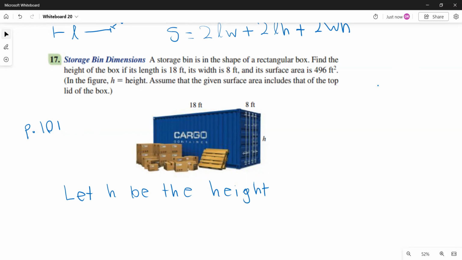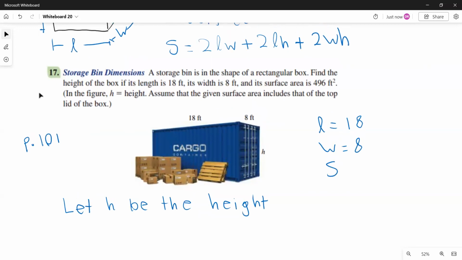We also know that the length is 18 feet. The width is 8 feet. And the surface area, we have the formula above. The surface area is 496 square feet. Okay, so let's put everything together. We know that the surface area is 496, and we know the length and the width.